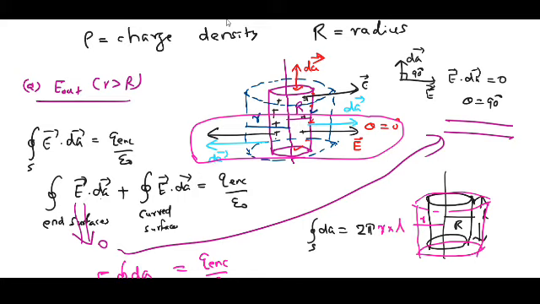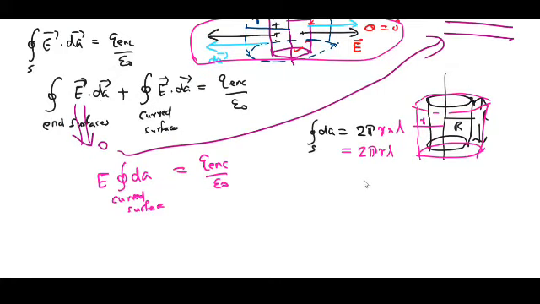If L is the length, then this is 2 pi rL. This is nothing but the area of the Gaussian surface. Here the Gaussian surface is the Gaussian cylinder. Therefore, 2 pi r into L.